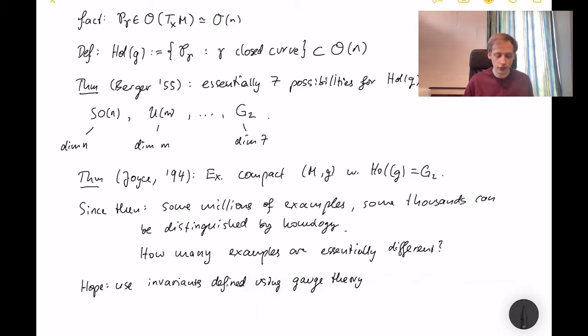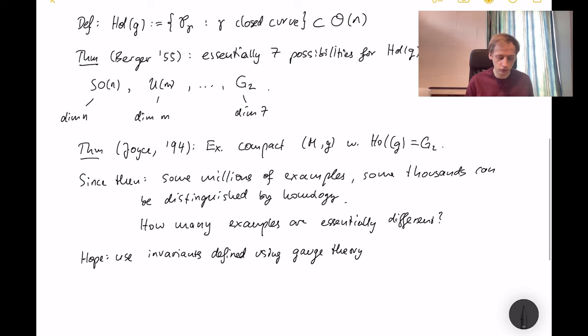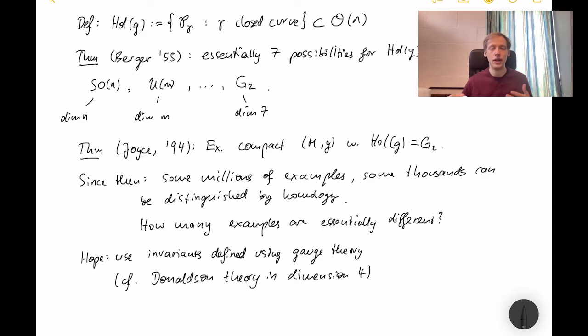Now, the motivation for this came from dimension 4. There we have Donaldson theory. And that was used to distinguish some manifolds that can't be distinguished by homology alone. For example, we have the exotic R4s, which are homeomorphic to R4, but not diffeomorphic to R4.